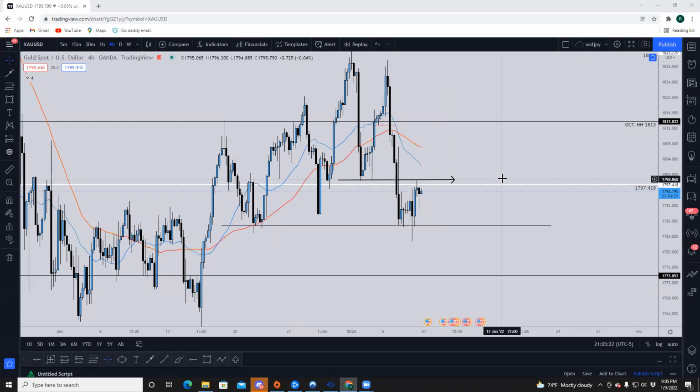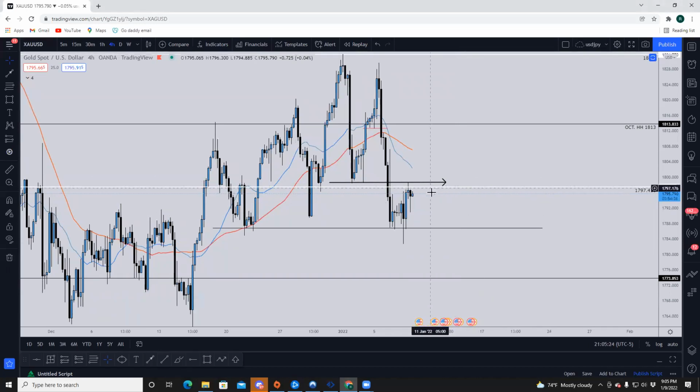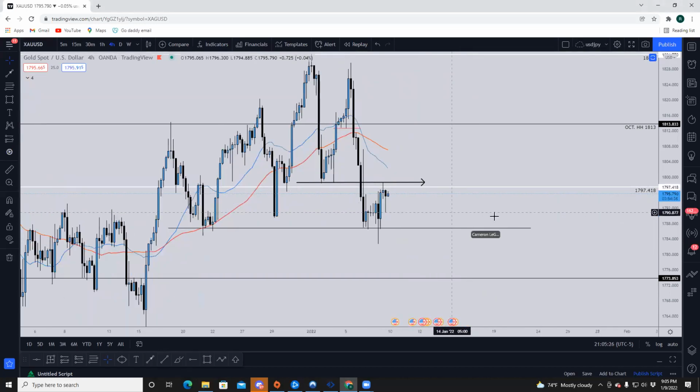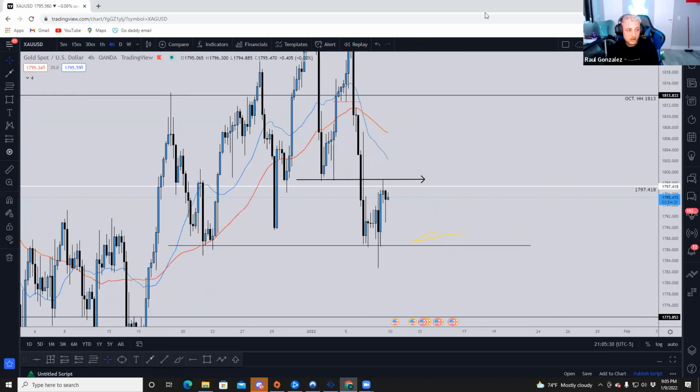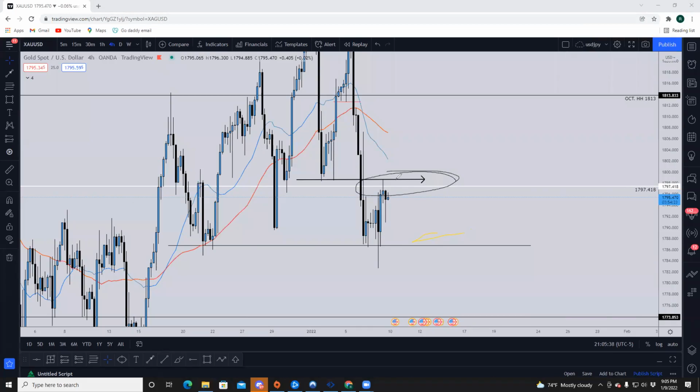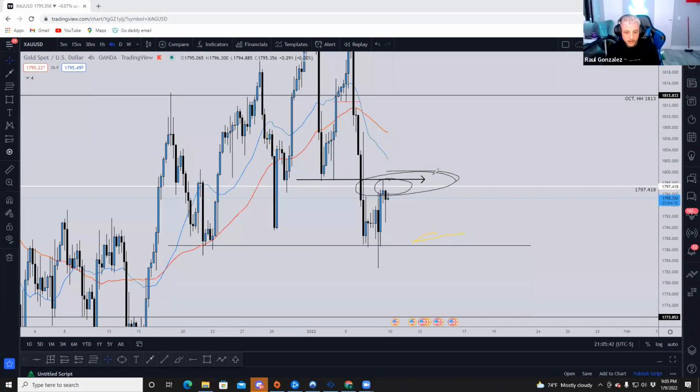So you said if price maintains on top of this daily level here, you'll be looking to buy, right? Yeah, if it maintains this, you'll continue to look to buy. If it maintains under this area here, I'm going to look to sell down to here.